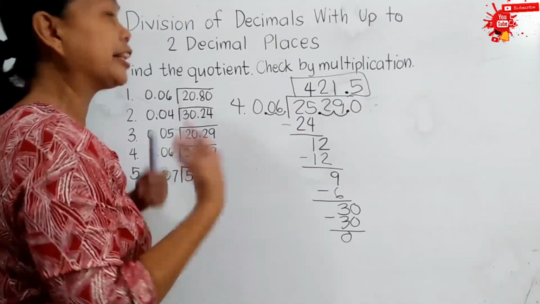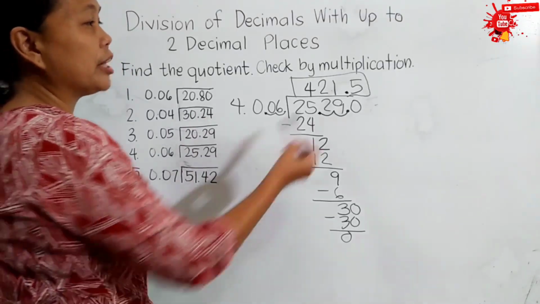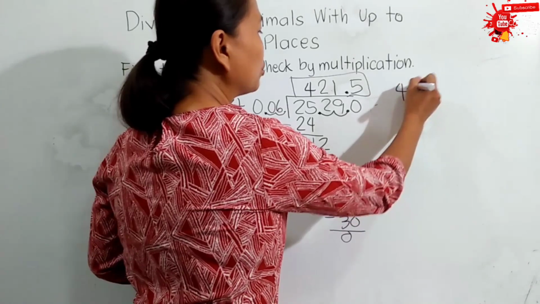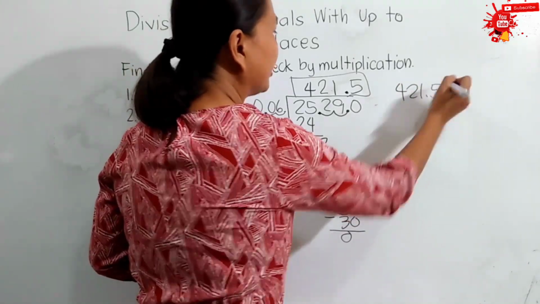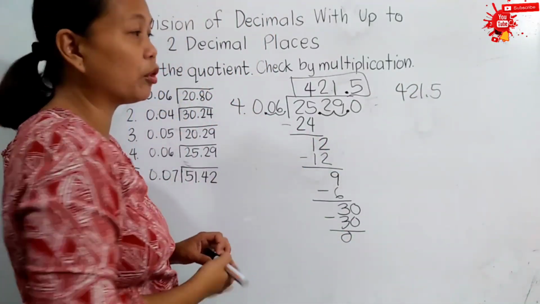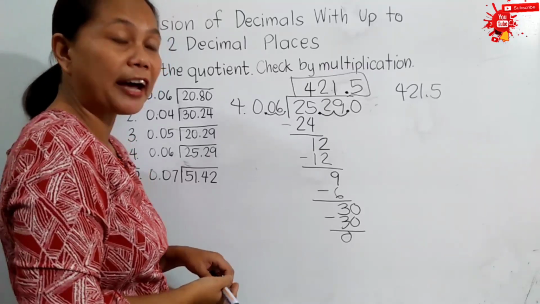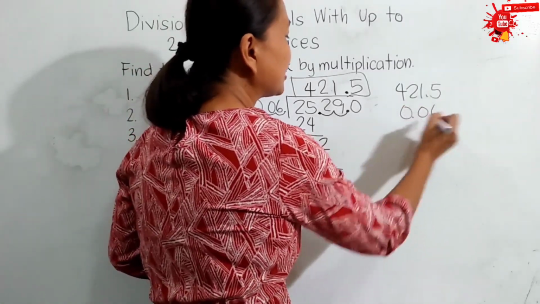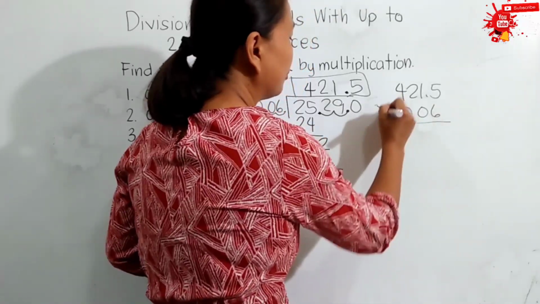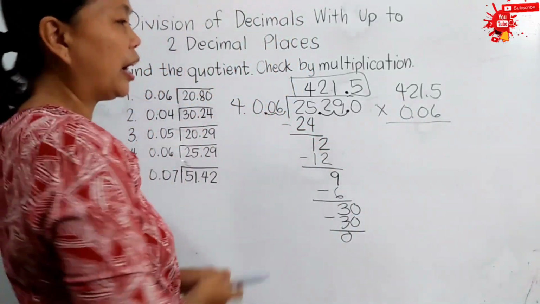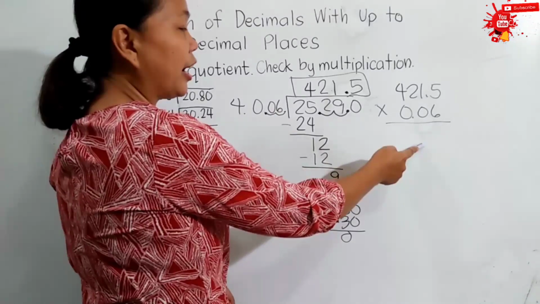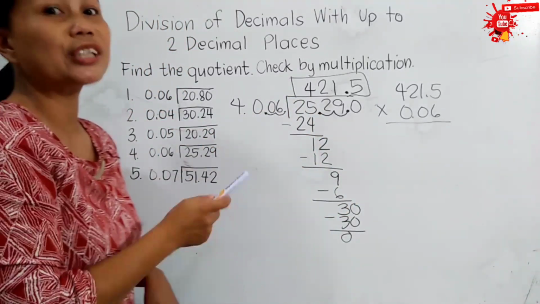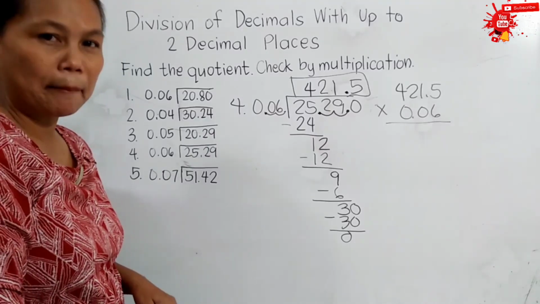Okay? So, check naman natin kung tama ba yan by means of multiplication. So, i-multiply lang natin yung quotient natin na 421.5 or 421 and 5/10 sa ating divisor, which is 600. So, i-multiply lang natin. Pag ang ating product ay katulad ng ating dividend, ibig sabihin, yung sagot natin ay tama.